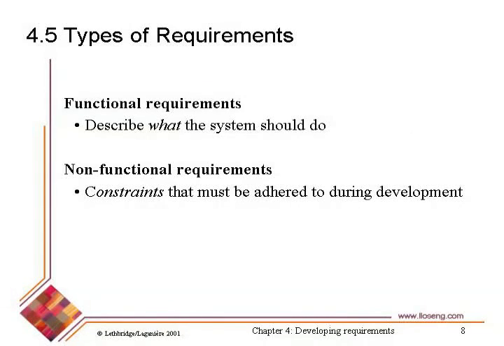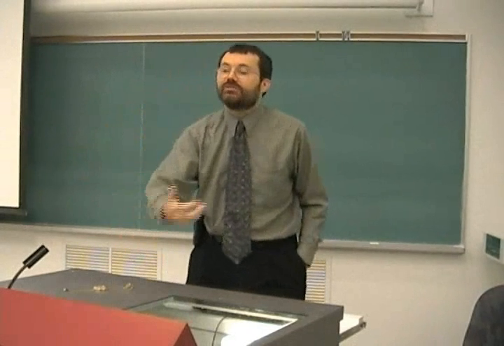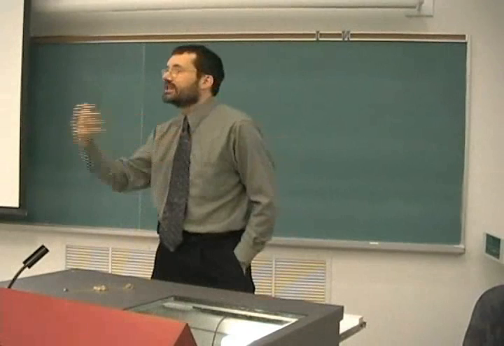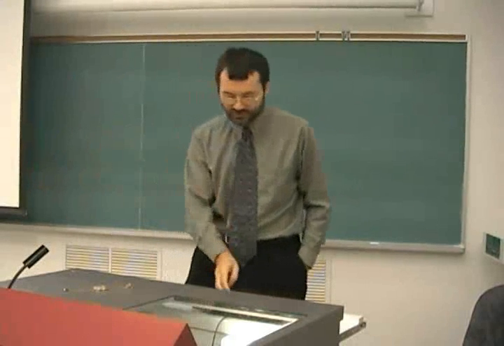Non-functional requirements are requirements that we think we must adhere to, but which limit our options and choices of how we can go about developing the system. They're constraints, such as what type of platform it's going to be developed on, what the cost limit is, things like that. We'll talk about these two categories now.